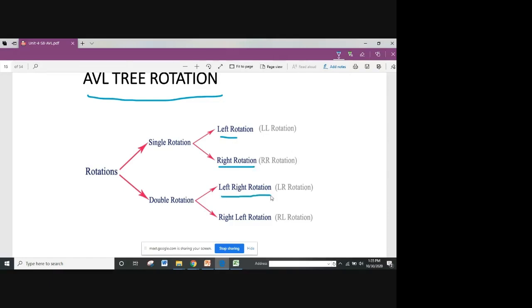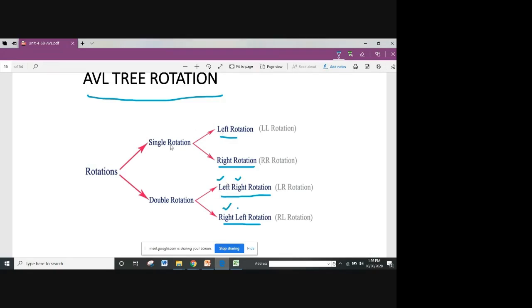Then there are left-right rotation and right-left rotation. By the name, left rotation means you are rotating only left, and here you are rotating only right. In double rotation, you rotate left, then you rotate right. Here also you rotate right, and then once again, when you rotate left, it will not be balanced.